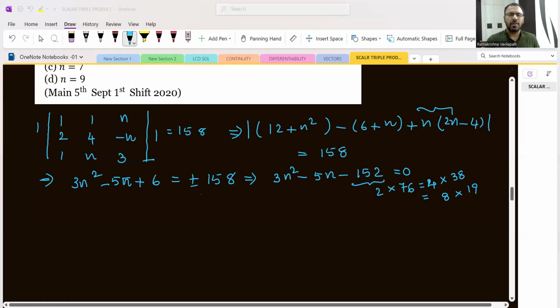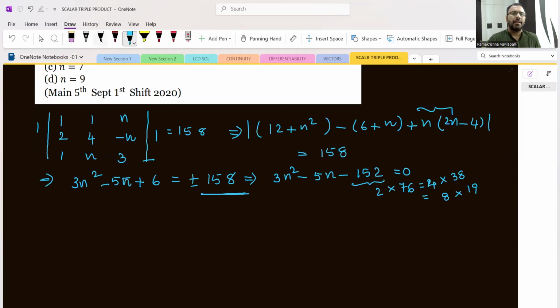Right side you take only plus 158. If you take minus 158, you will get non-real roots. So therefore, this implies that I can write 3n square minus 24n plus 19n minus 152.